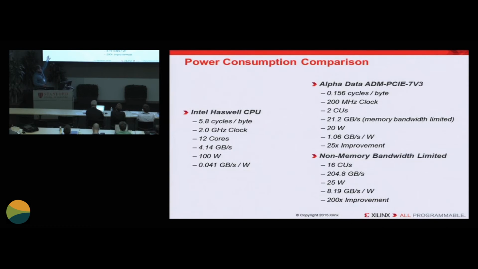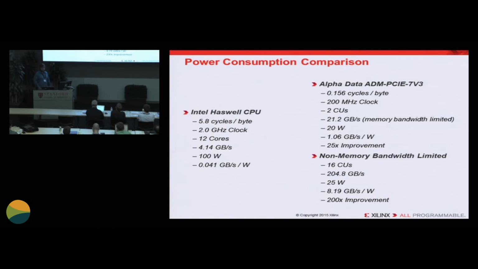Overall, we get about 4.14 gigabytes per second total bandwidth from the CPU is what we'd expect. And at approximately 100 watts total dynamic power, so we're derating the CPU just a little bit here because I think this part is about 120 watts total. We get a total gigabytes per second per watt of 0.041, which is not too bad.